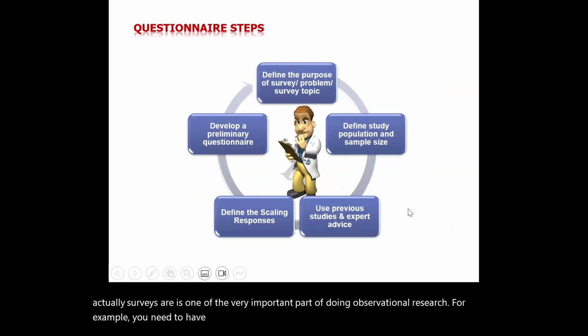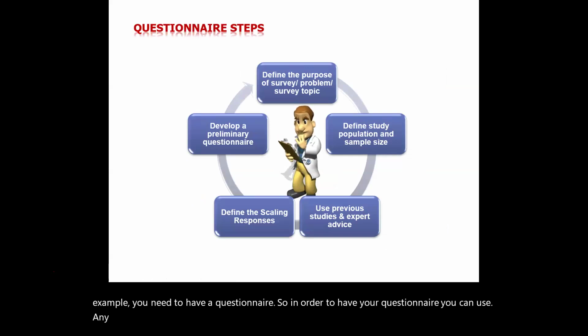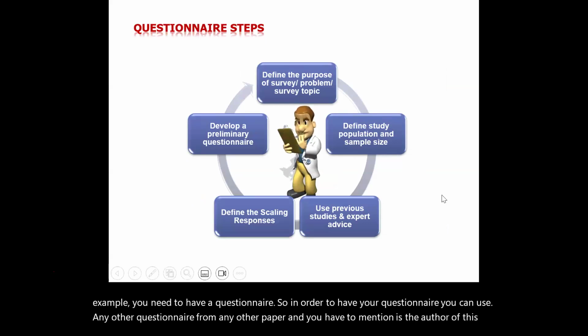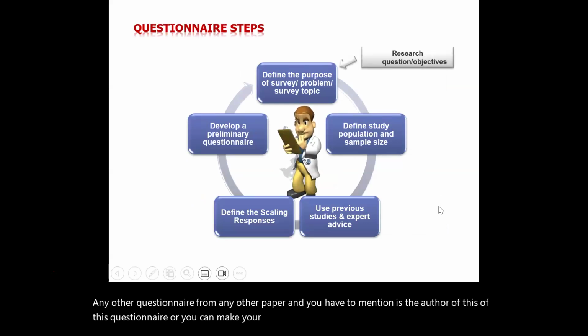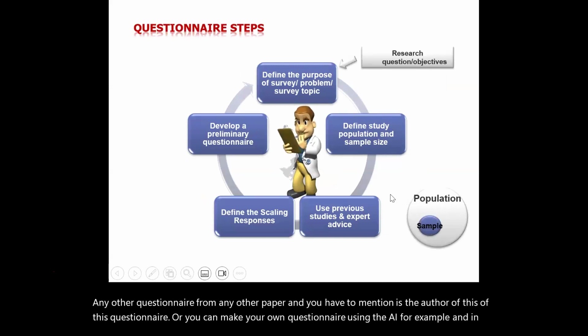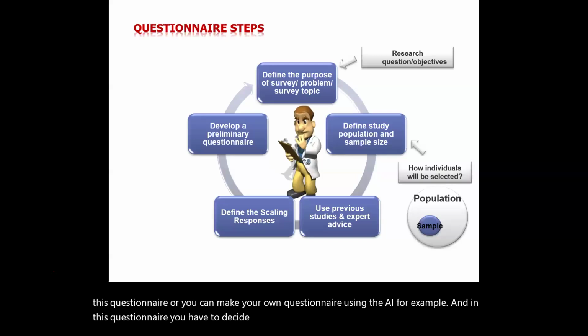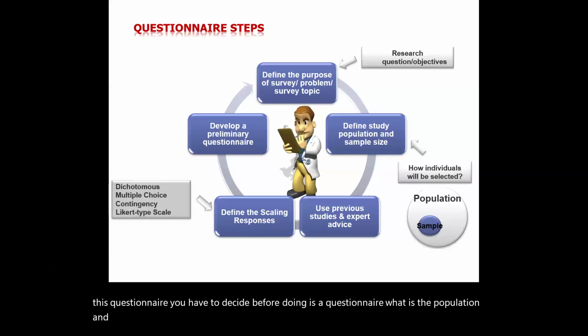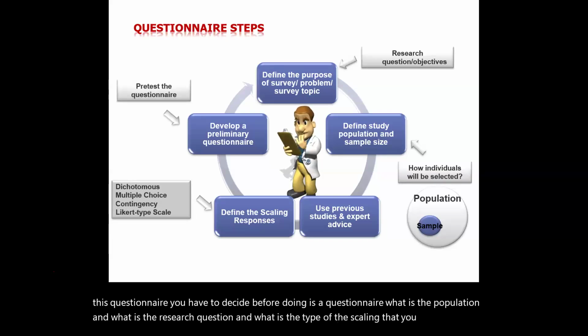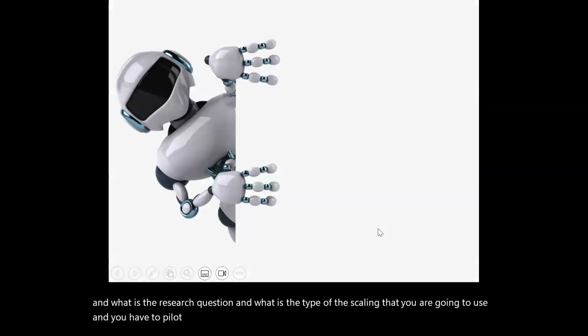To have your questionnaire, you can use a questionnaire from any other paper, and you have to mention the author of this questionnaire, or you can make your own questionnaire using AI, for example. Before making the questionnaire, you have to decide what the population is, what the research question is, and what type of scaling you are going to use, and you have to pilot your questionnaire before using it for a general population.